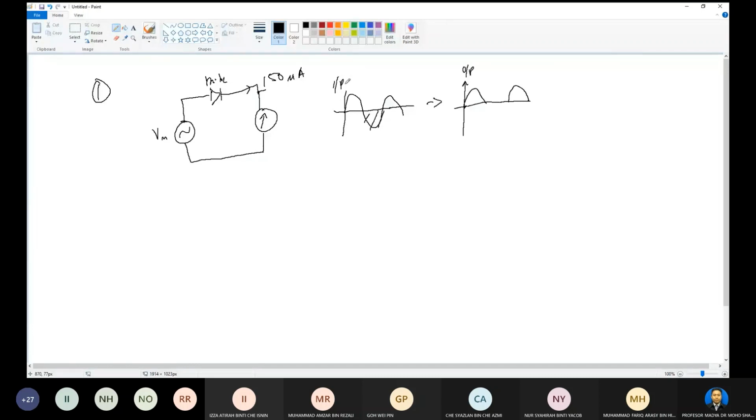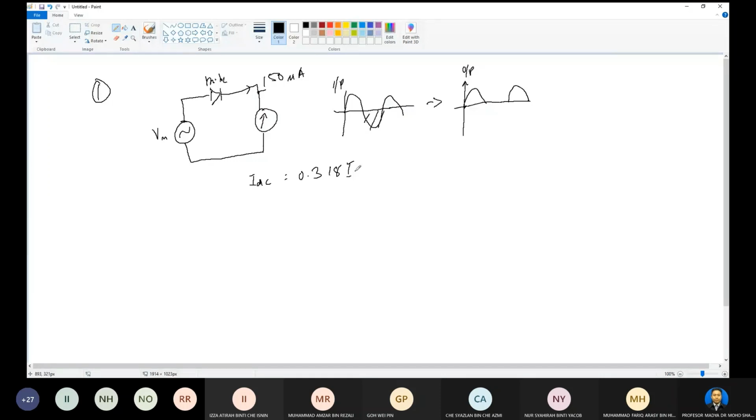This is the input. From this one, you can use mathematics to derive it, but for you there is no need to derive, so just use the formula. The formula for the DC current equals 0.318 IP.